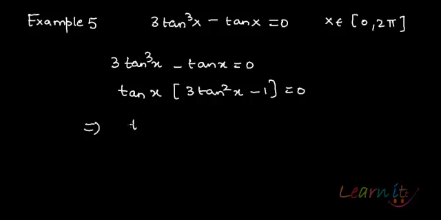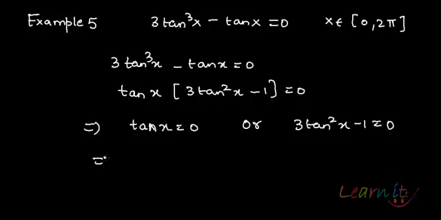So I get that either tan x equals 0 or 3 tan square x minus 1 equals 0, right? Now tan x is 0 when x is 0, pi, 2 pi, so x equals 0, pi, 2 pi.